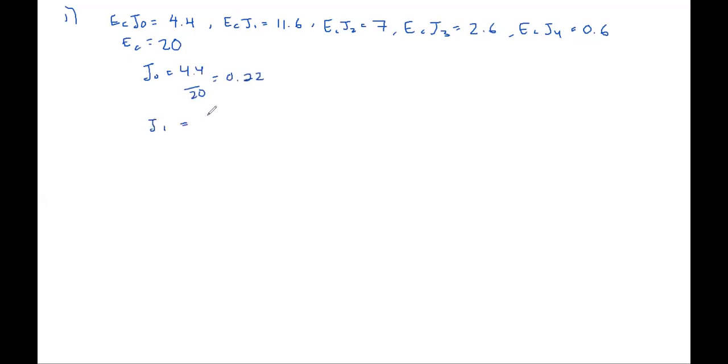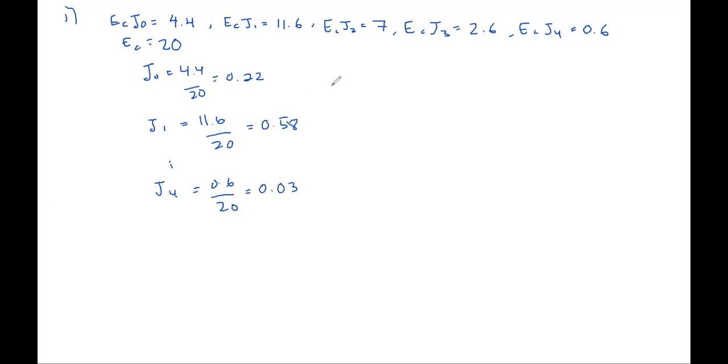J1 equal to 11.6 divided by 20 is equal to 0.58. And up to J4, 0.6 divided by 20, which is 0.03.